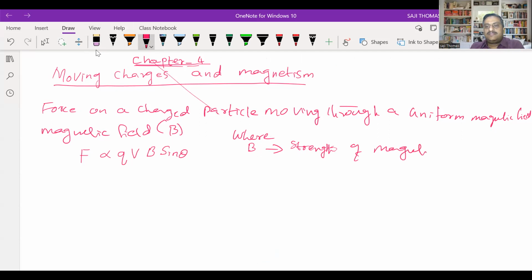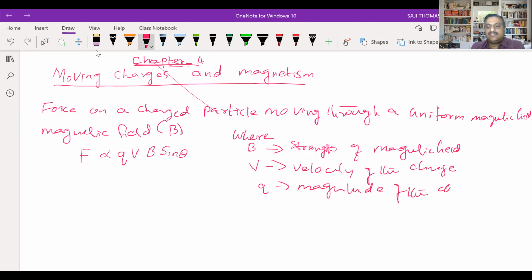V, velocity of the charge. Q, magnitude of the charge. Theta, angle between magnetic field and velocity.